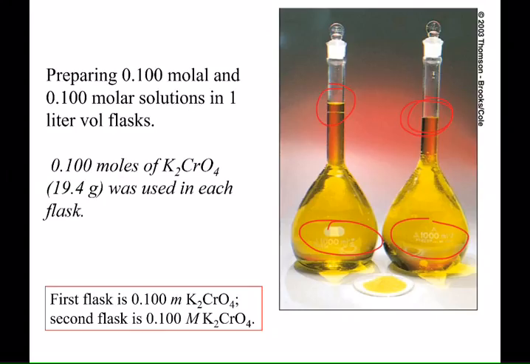So what somebody did over here was to take 1 mole of K2CrO4, oops, potassium chromate, not dichromate. Anyway, they took 1 mole of that, put it down here, and then added water to make 1 liter. So that was 1 mole per liter.